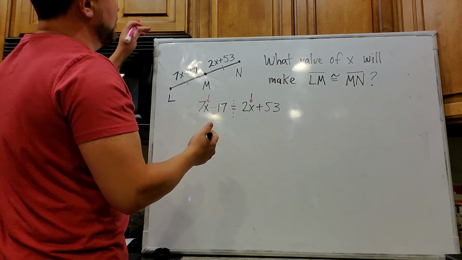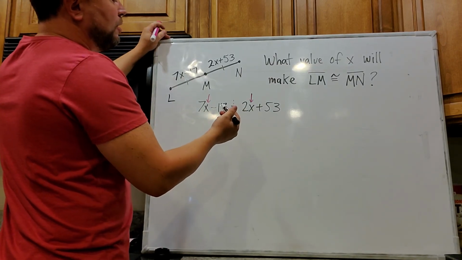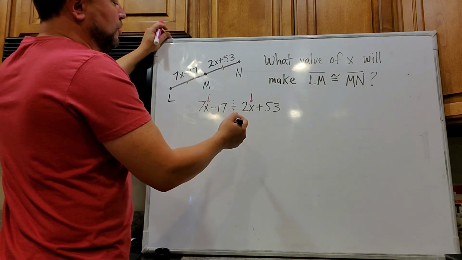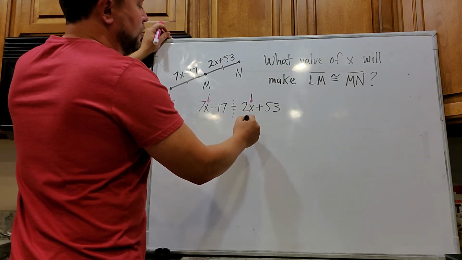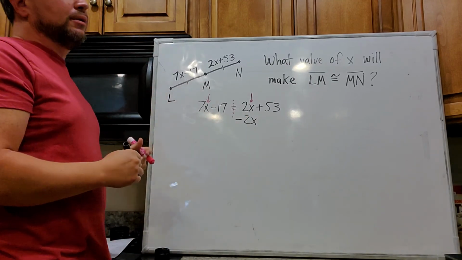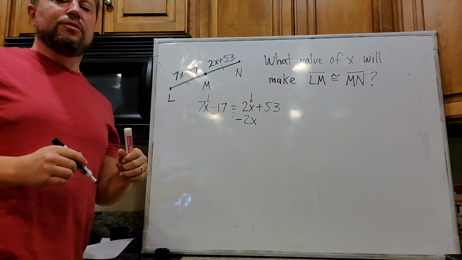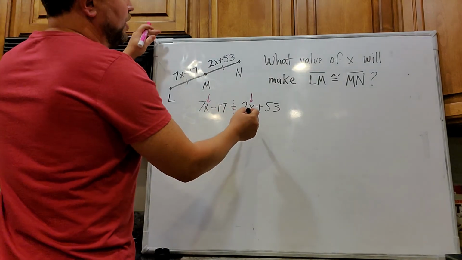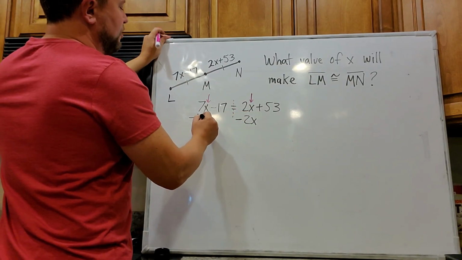And in a sheriff bandit situation, remember the weaker one has got to go. So the 2x is going to go. I'm going to get rid of it by doing the opposite. That's how we get rid of things in algebra, is do the opposite. So whatever I do to one side, I have to do to the other.